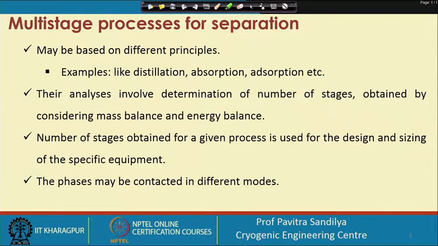Now when we talk of the multi-stage processes, we know that there could be various types of principles of separation, and some of them we have studied already, and we have examples like distillation, absorption, adsorption. Then when we are trying to understand these multi-stage processes, the analysis involves the determination of the number of stages that is obtained by considering the mass balance and energy balance equations.